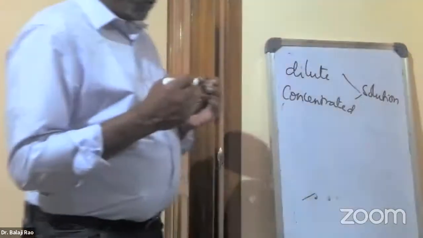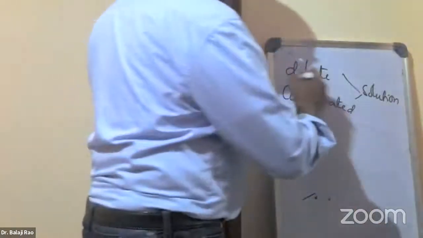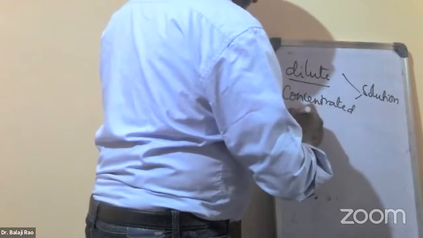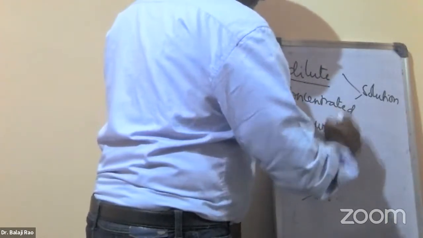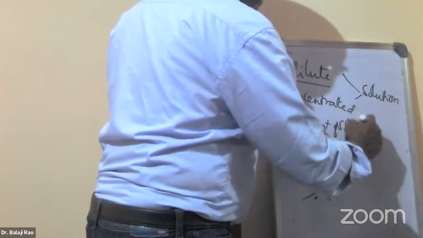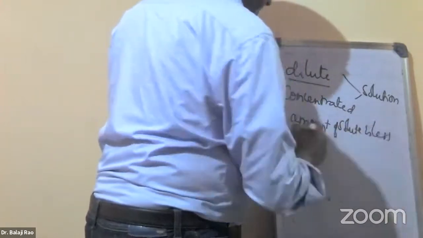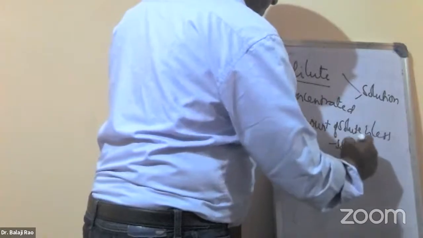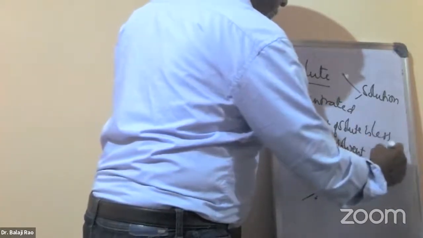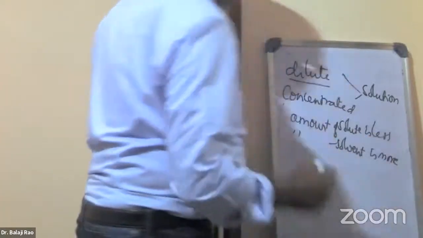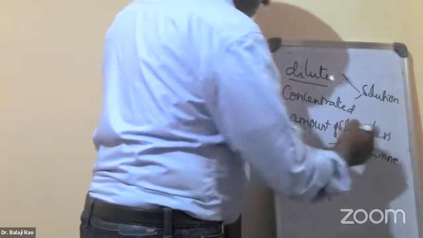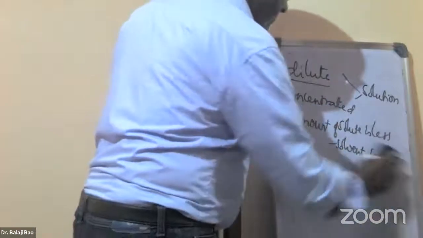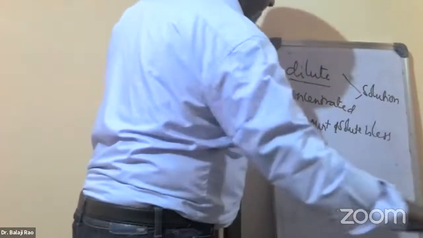A dilute solution is one in which the amount of solute is less and the amount of solvent is more. Or I can say the amount of solute is very less. I just put that much because solvent, let's not bother about it.